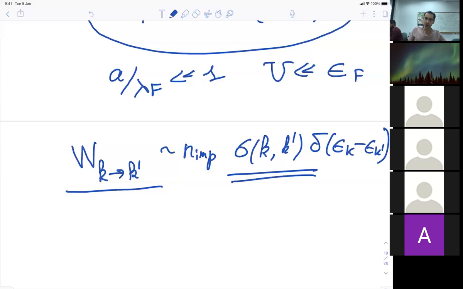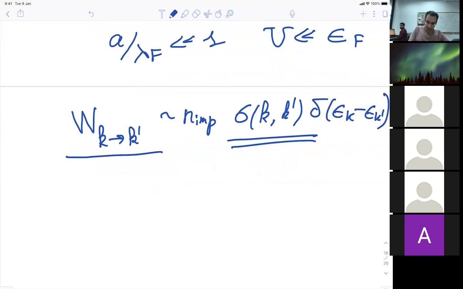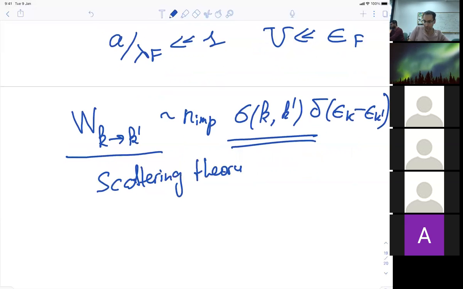So this object has a very simple classical sense. If you send an electron in a state K, what is the probability to find it after the scattering in the state K prime? Okay, so if you don't remember, just open the scattering theory chapter in any textbook on quantum mechanics, and you will find it there.